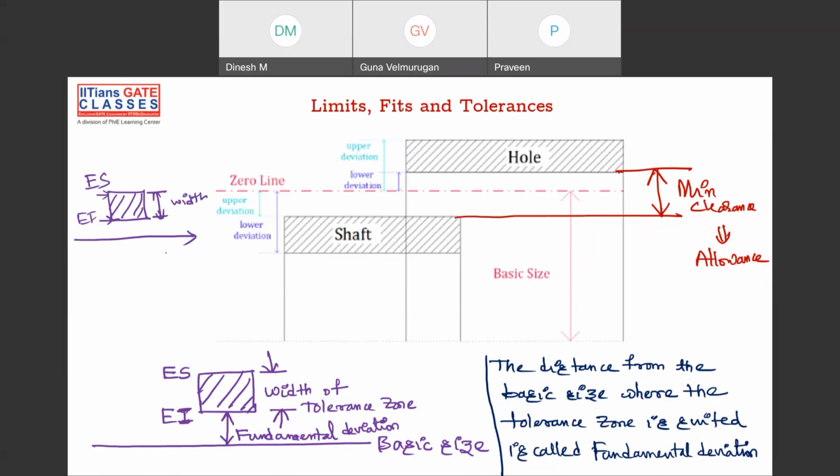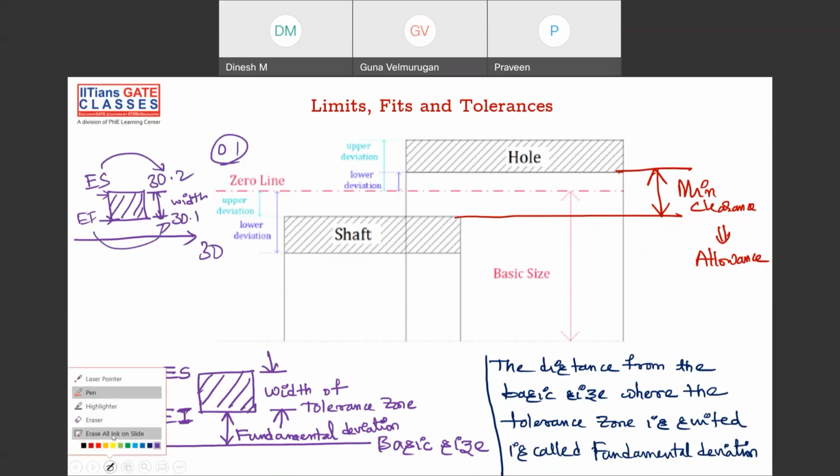So, like you thought of manufacturing 30, but the lowest you can manufacture is 30.1, and the maximum you can manufacture is 30.2. The width of tolerance is 0.1 here, ES is 30.2, and EI is 30.1.